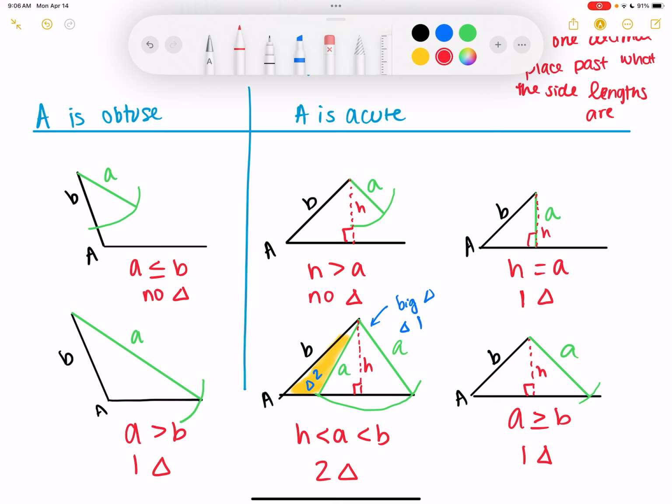If H is less than A, and A is less than B, then we have two triangles here. At that point, we would solve. The big triangle is always the first triangle that gets solved, and then the little triangle is the second one. We do that by subtracting one of the angles from the other one.